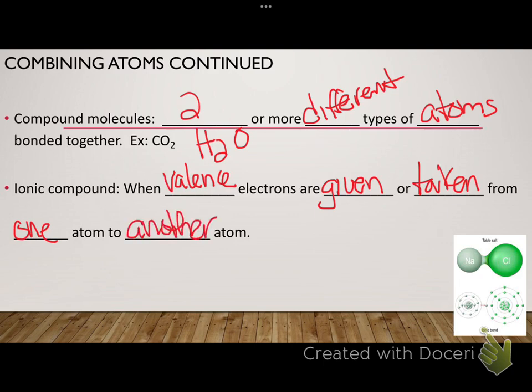I'm going to zoom in on this. For this picture right here, sodium, which is Na, has 11 electrons total. The valence electron in the outer shell is where I have this big red dot.